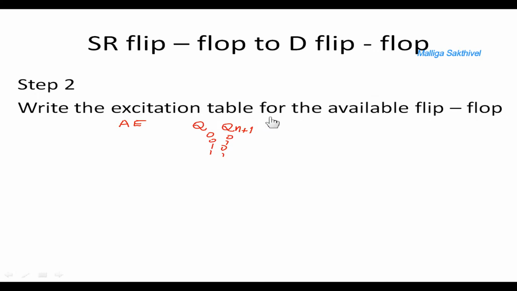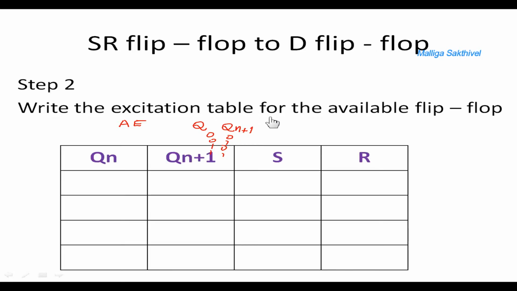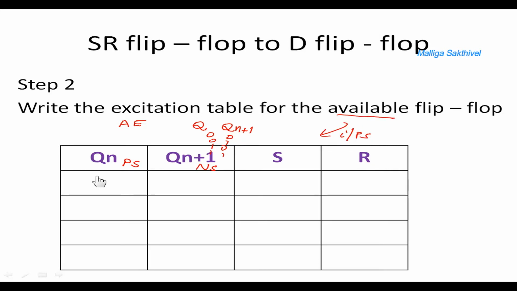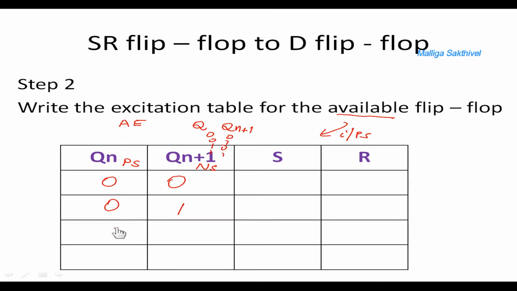Here the available flip-flop is the SR flip-flop. So in the excitation table, we have Qn and Qn plus 1, the present state and the next state, and for this available flip-flop these are the inputs. We write down the combinations 0 0, 0 1, 1 0, 1 1, and for these combinations we have to decide the inputs.